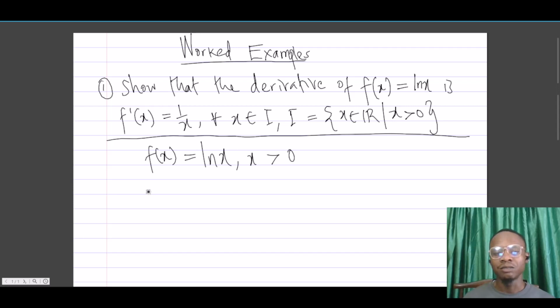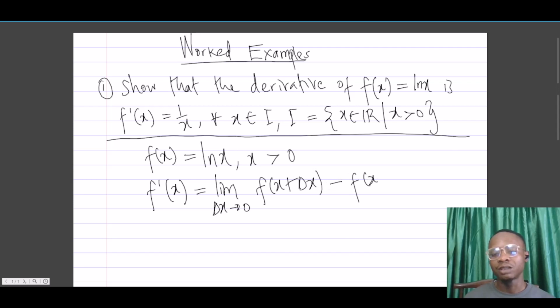If we have the ln of x and we want to take its derivative, then f prime of x should be equal to, by our definition, the limit as delta x approaches 0 of f of x plus delta x minus f of x, divided by delta x.